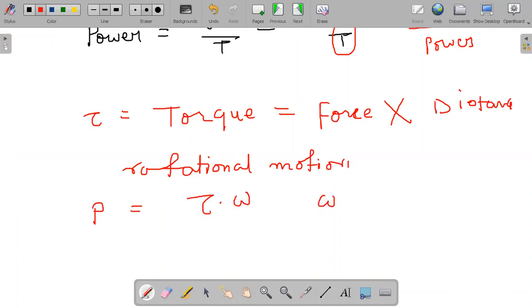Omega क्या होता है? Angular velocity. Angular velocity can be written as d theta by dt. d theta क्या होता है? Change in angle by change in time, d theta by dt.